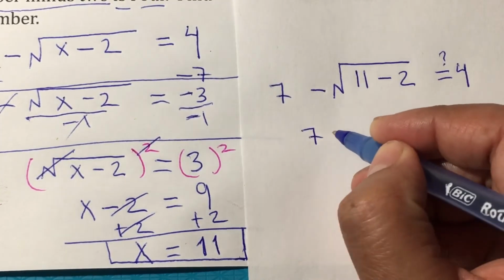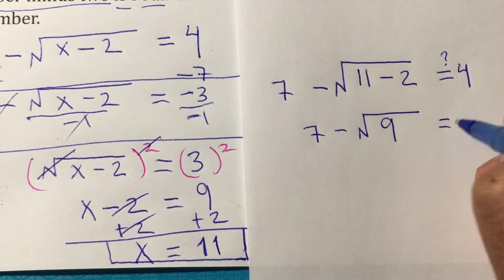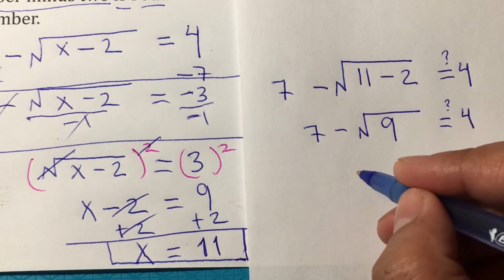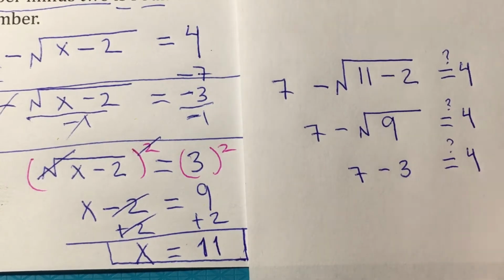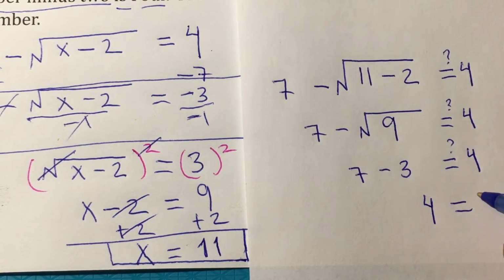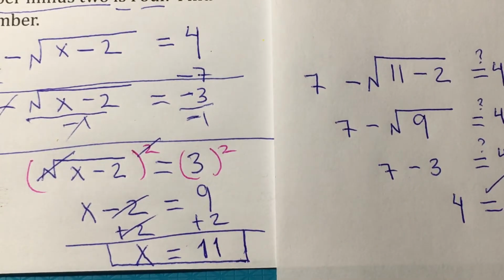And so 7 minus the square root of 11 minus 2 is 9. Is it equal to 4? The square root of 9 is 3, so 7 minus 3, is it equal to 4? And yeah, 7 minus 3 is 4, so we say 4 equals 4, so check. So that will be a solution.